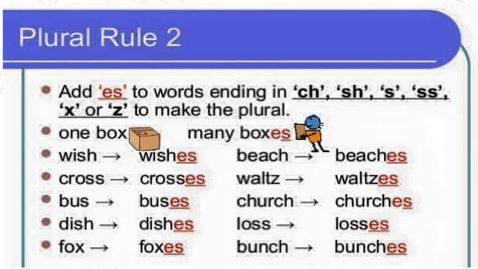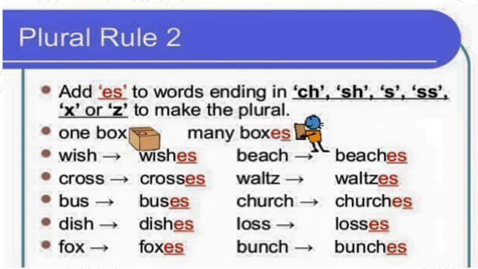Look at the first example. There is a picture of a box. So, we can say one box. Now, we want to form it into plural form. So, that word box, and the last letter is x.